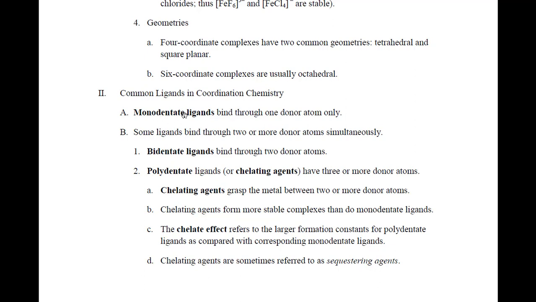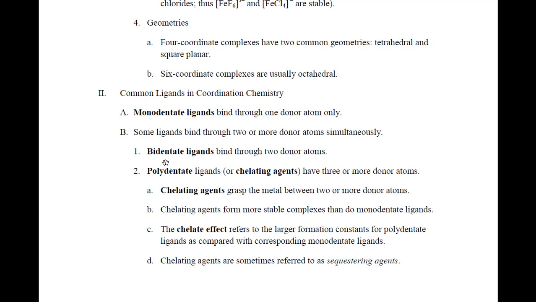And so the dentate, teeth: one lone pair of electrons equals one tooth. So if there's only one bite being taken into the metal, it's called a monodentate. So if only one lone pair of electrons is being donated as a Lewis base to the metal, that is monodentate. If two lone pairs of electrons are being donated by the same molecule, that ligand is said to be bidentate.